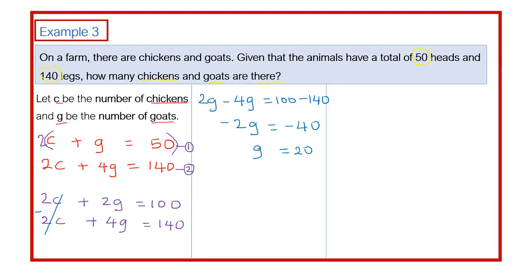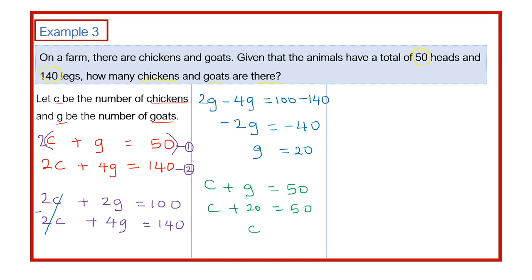Now let's find out how many chickens we have. We can use equation 1, where we have C plus G equals 50. So we can say C plus G, which is 20, is equal to 50.